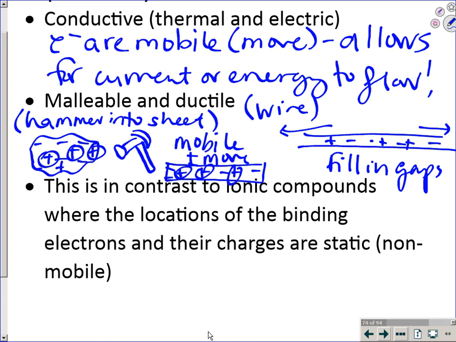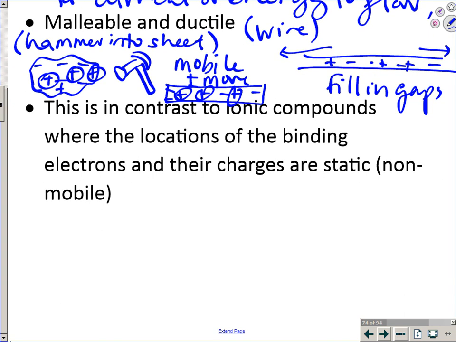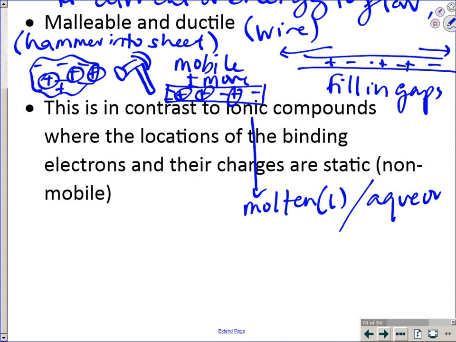Molten, which means liquid, and dissolved, what's the word for dissolved in water? Aqueous, right? So in contrast to ionic, which is only conductive in molten and aqueous, which means dissolved, metals are conductive in all these forms because the electrons are free to move.